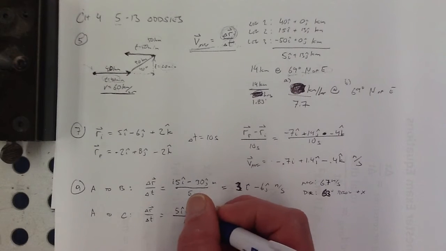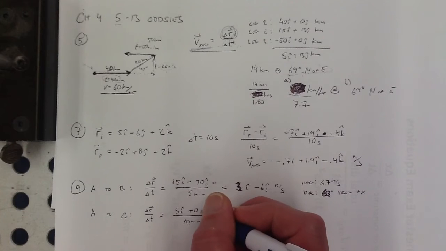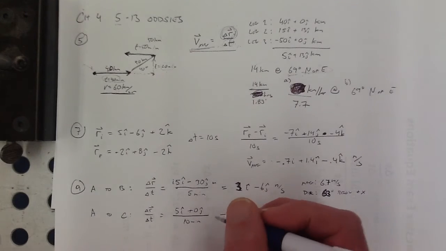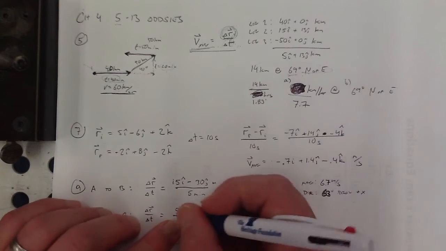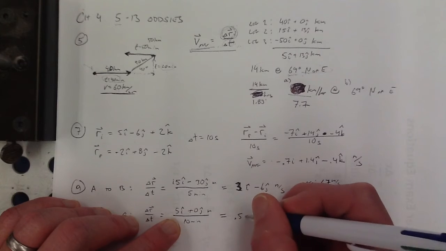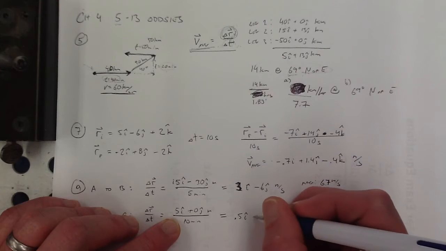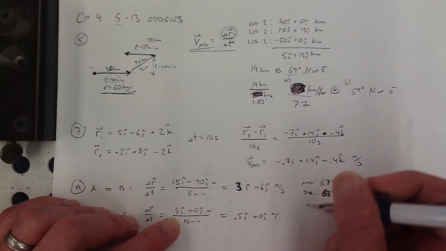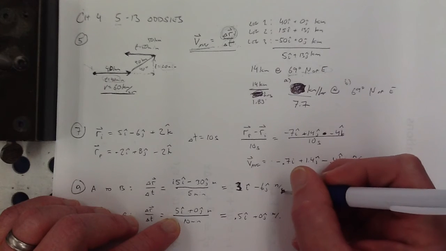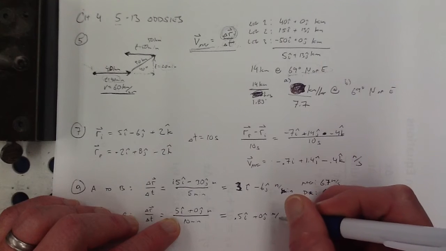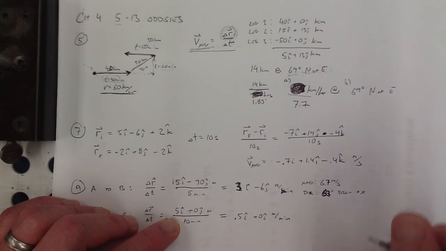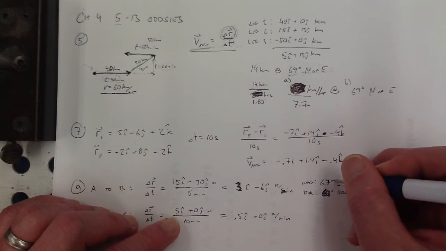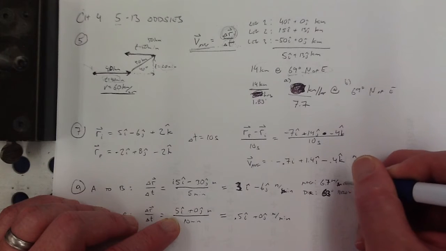So here, 5, and then nothing in the j direction, right? No up and down. So that gives me a half i plus 0j meters per, oh, did I say second here? This is minutes, isn't it? Jeez, McGrath. Mistakes abound. This is meters per minute.